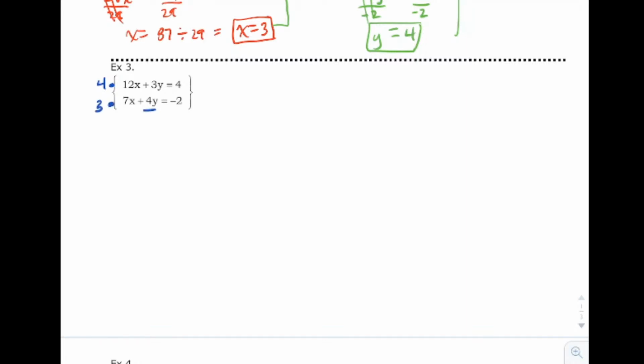Now we're not quite ready to do this multiplication yet. Keep in mind, you want coefficients equal and opposite, meaning opposite signs. In order for it to go away, they have to be equal and opposite.